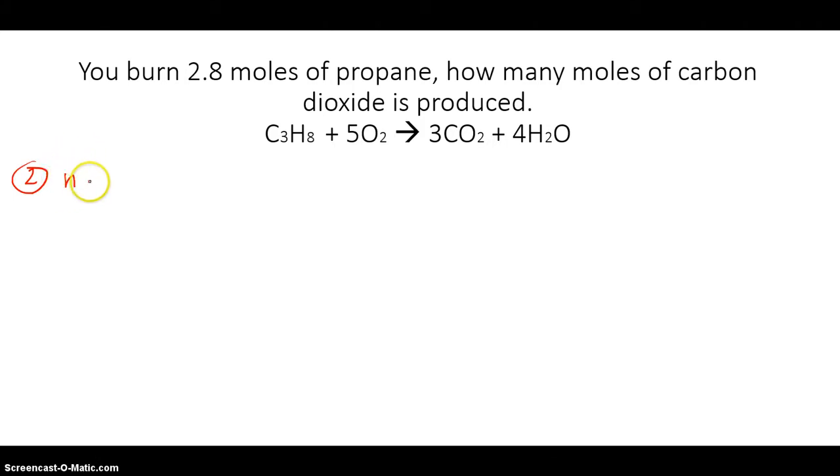Remember, I'm identifying what my ratio is. Mole A is my given. Mole B is my unknown. Okay, so in that case, mole A is propane. So I'll just write propane. And keep in mind, this is what you get from the equation, this ratio.